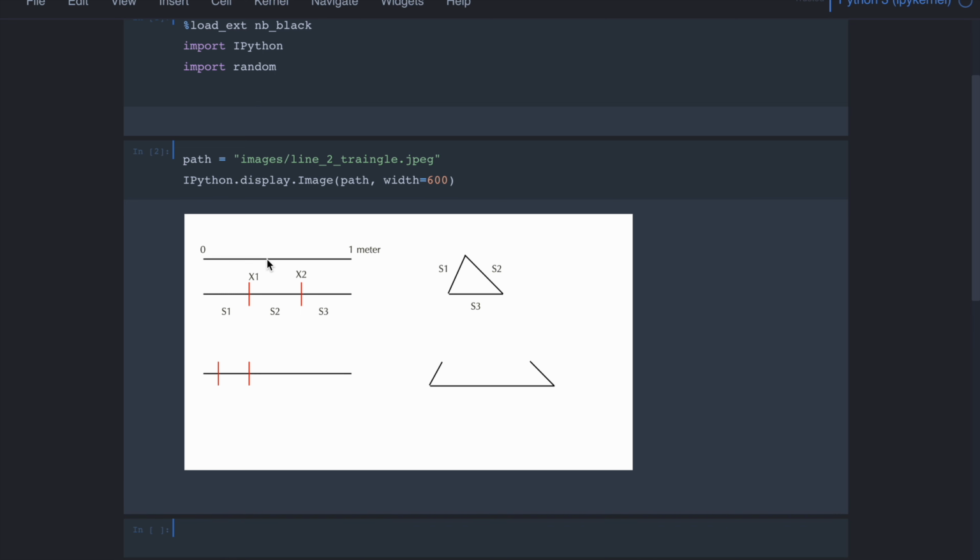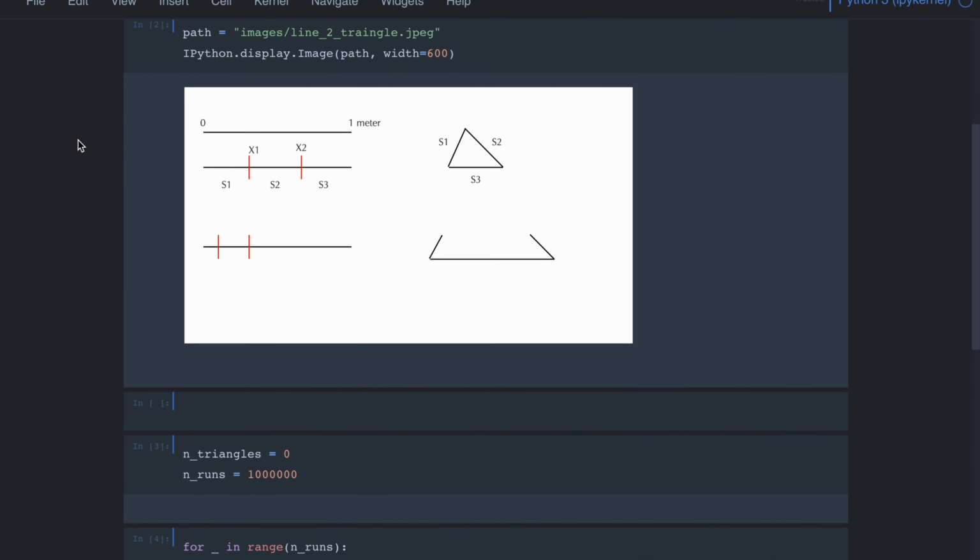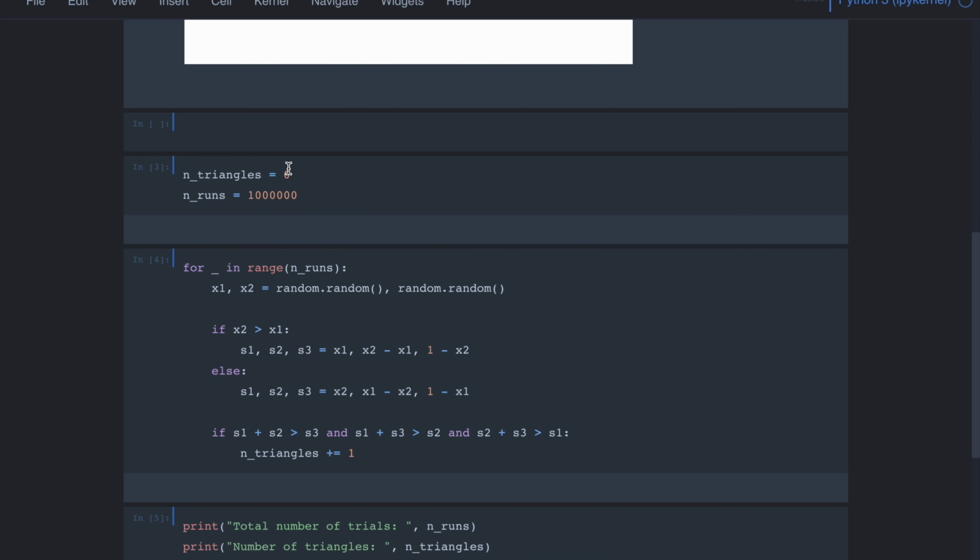So we want to simulate this system so that we can answer what is the probability that these three segments make a triangle. Again, we are going to do n number of experiments, a large number of simulations, and the total number of favorable outcomes, or the number of triangles, is 0 to begin with.